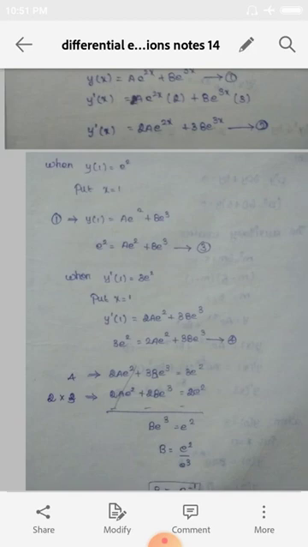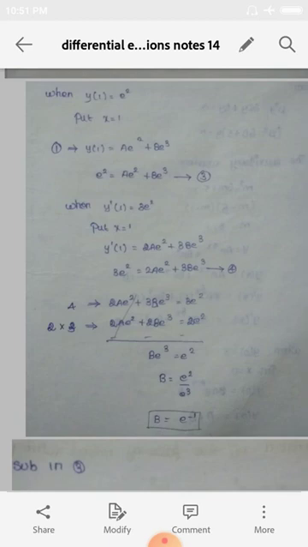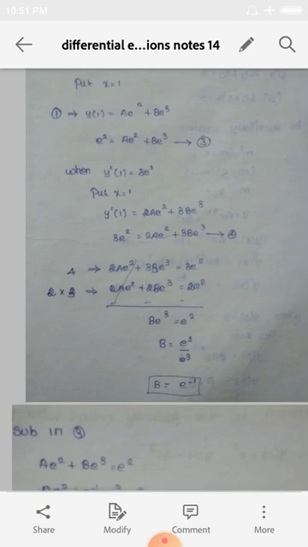That is, put x is equal to 1 in equation 2. The given condition is y dash of 1 is equal to 3 into e power 2, so substitute that value. So 3 into e power 2 is equal to 2a into e power 2 plus 3b into e power 3. Mark it as equation number 4.